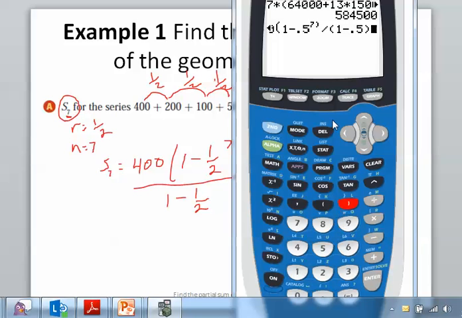Now I had to be real careful there. When you're inside of these areas up here, you have to be careful, because if I've got a parenthesis misplaced, that'll give me an error every time.